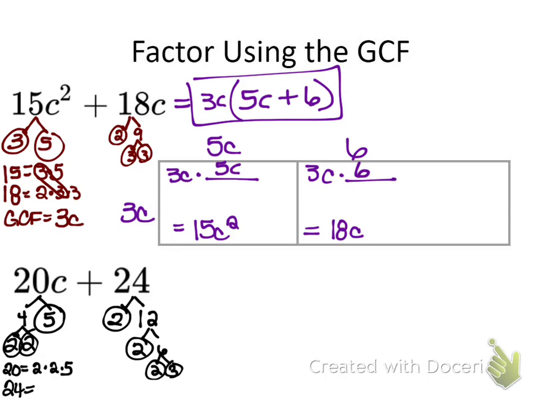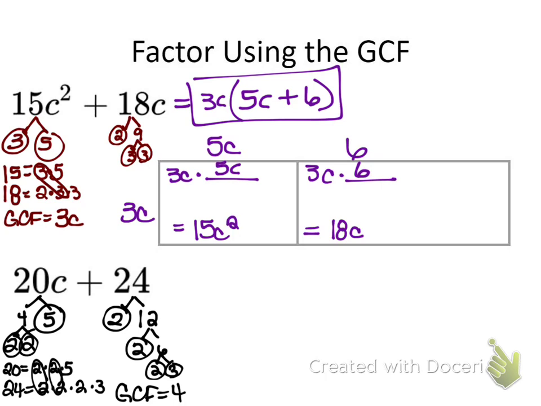And then for 24, I have 2 times 2 times 2 times 3. So what do they have in common? Two 2s. A 2 and a 2, which equals what then? 4. And do they have any variables in common? No. So my greatest common factor here would be 4. No c, because the 24 doesn't have the c. It's the lowest variable. So it'd just be 4, right?